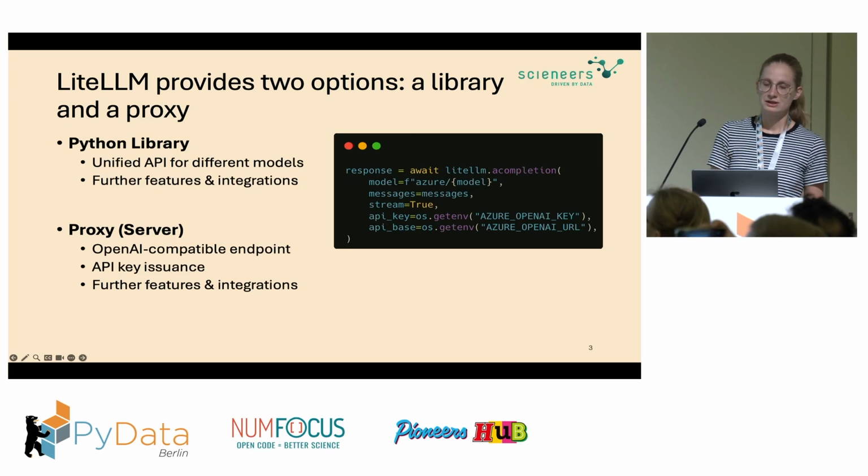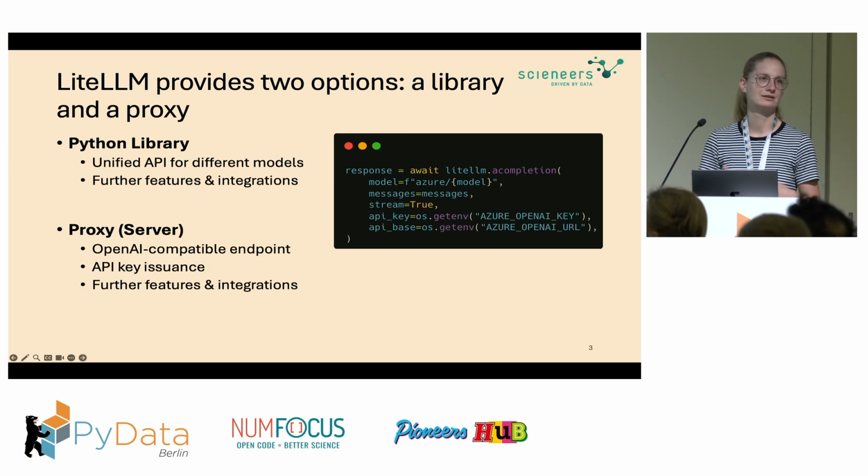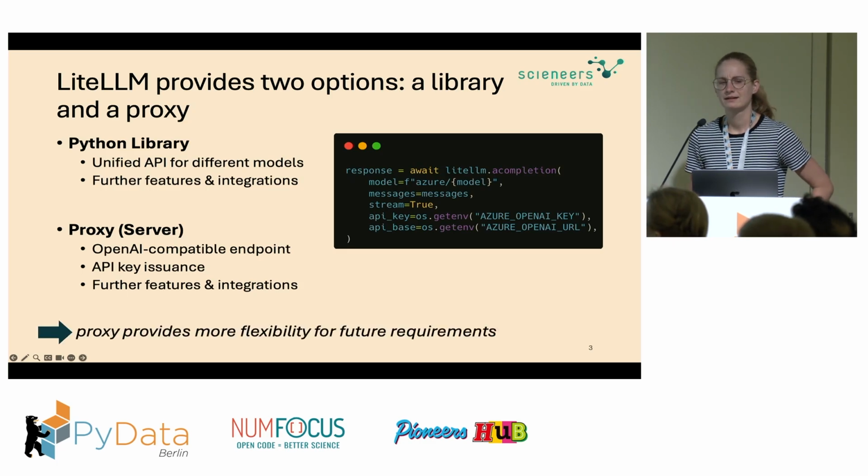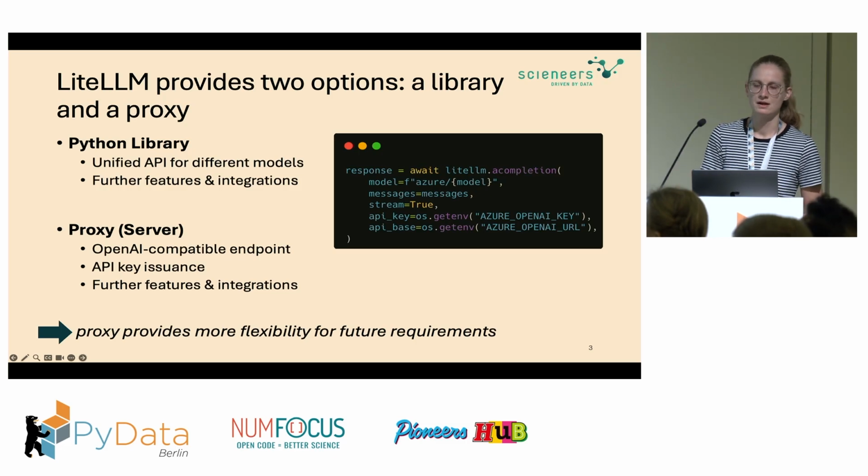Then we could easily give them an API key to our server, and they can use this in all kinds of applications or libraries which allow for a custom OpenAI URL. I think the proxy provides more flexibility for future requirements, so let's go with that one for the moment.